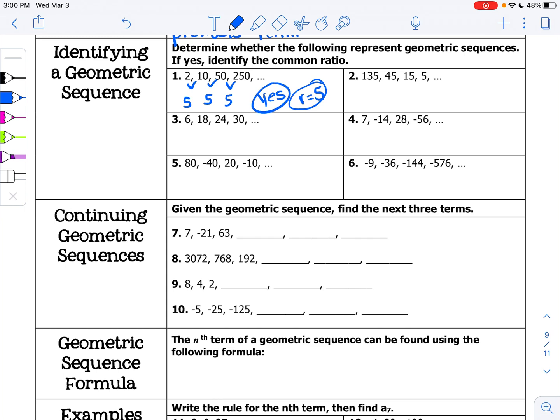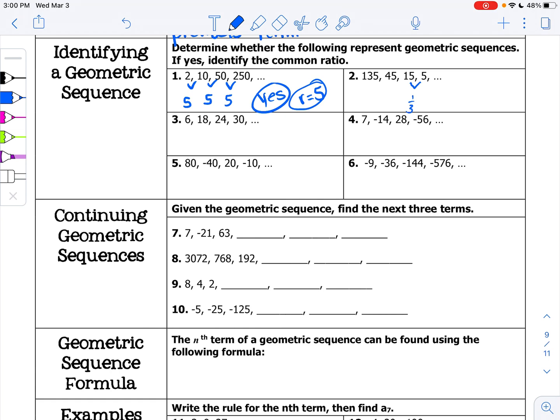We can do the same thing with sequences that go down. So number 2, 135, 45, 15, and 5. We're going to do the same process. We're going to start at the end with 5 and divide it by its previous term. So 5 divided by 15 gives us a fraction of 1/3.